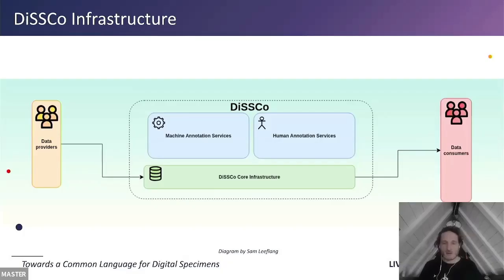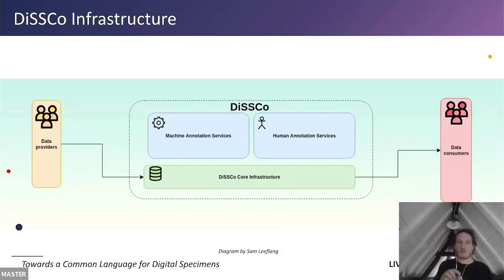Our most important part is that we provide this interfacing layer on top of which anybody can start building their own services. We split those into two categories: the human annotation services, where humans can start annotating these digital specimens, so I can start georeferencing them through some kind of website, or we'll create connections to citizen science platforms, so we get a broader range of humans involved than just the collection managers.